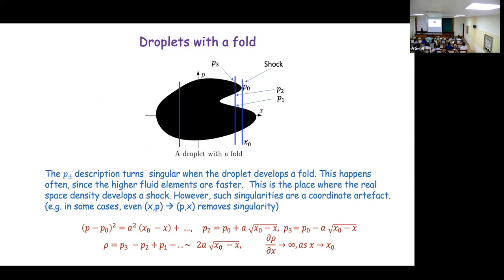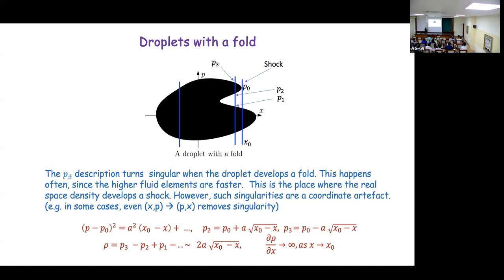Now let me just claim that when this quadratic assumption breaks down, that is to say there's an overhang or a fold that develops, then del rho del x, precisely at this point, actually becomes infinity. You can just look at the behavior of P plus and P minus close to this point.